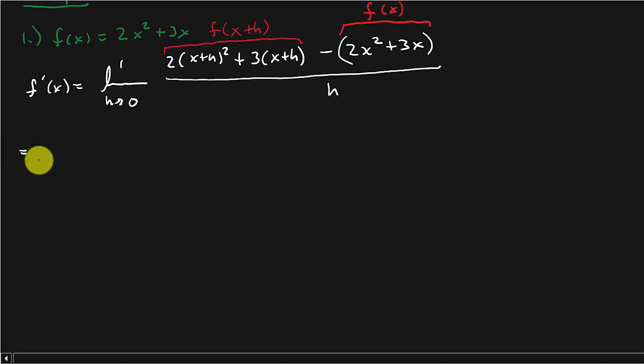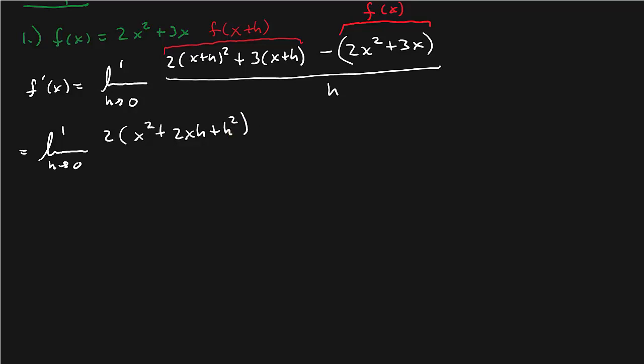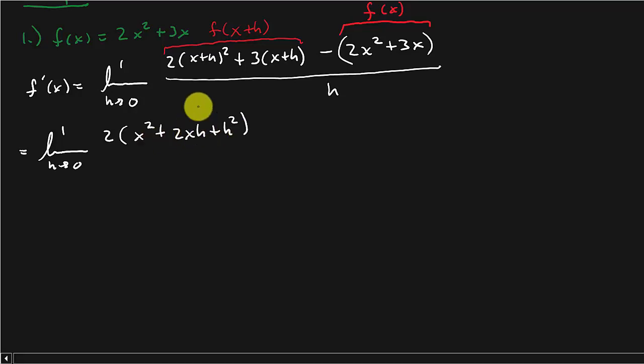So this is equal to the limit as h goes to 0. And this is going to be 2 times x squared plus 2xh plus h squared. All right. So what did I do there? Well, this right here, I just multiplied that out.